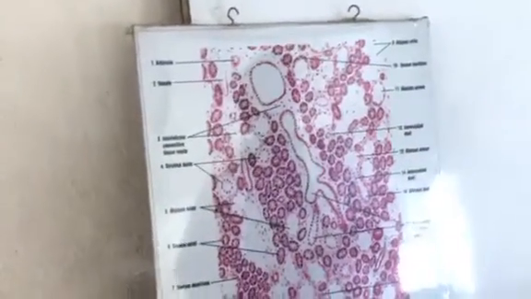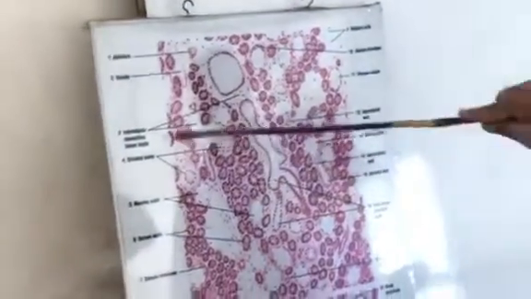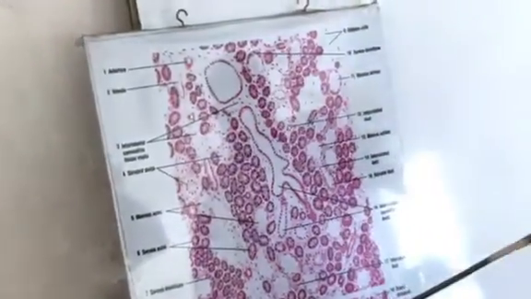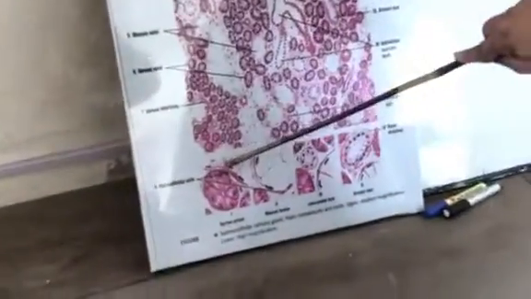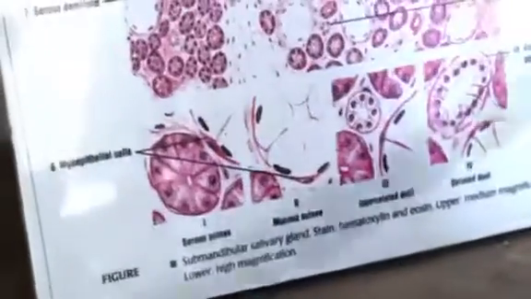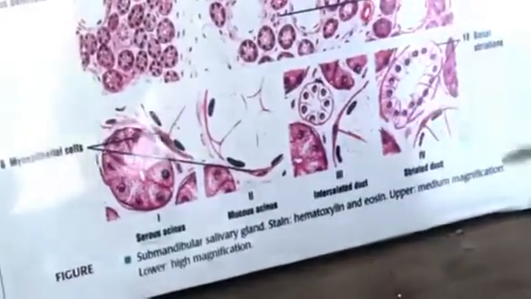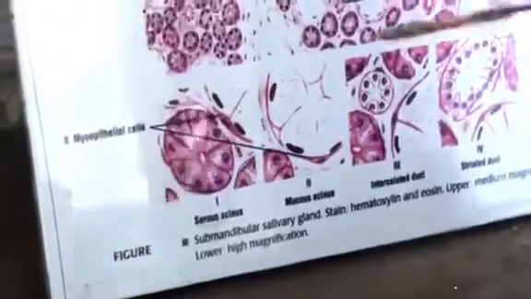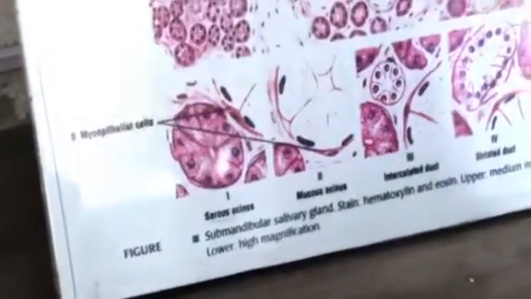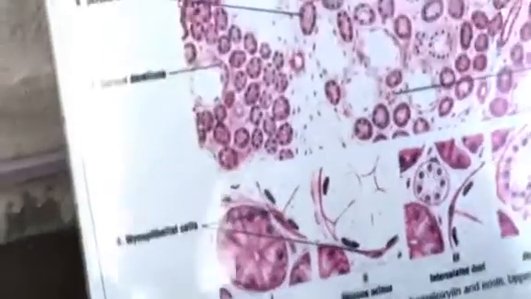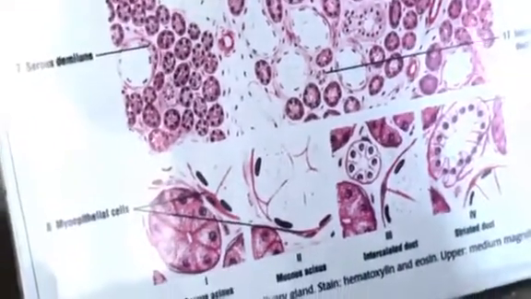Come here. There is a serous part over the mucous acini. This part is called serous demilune.